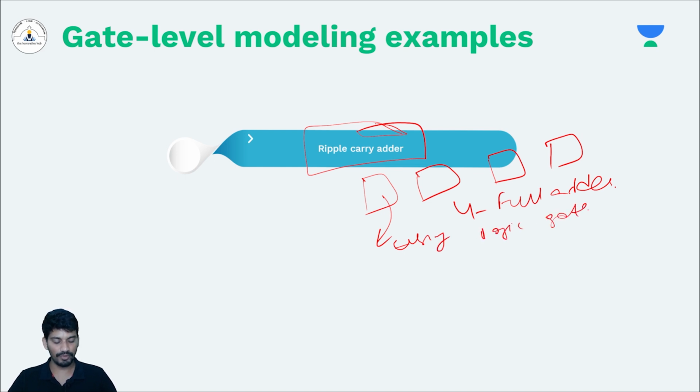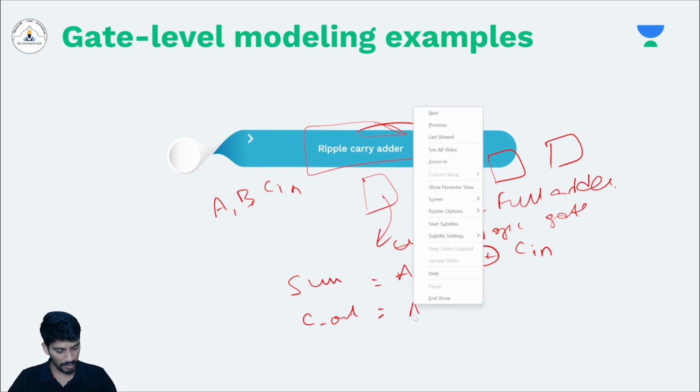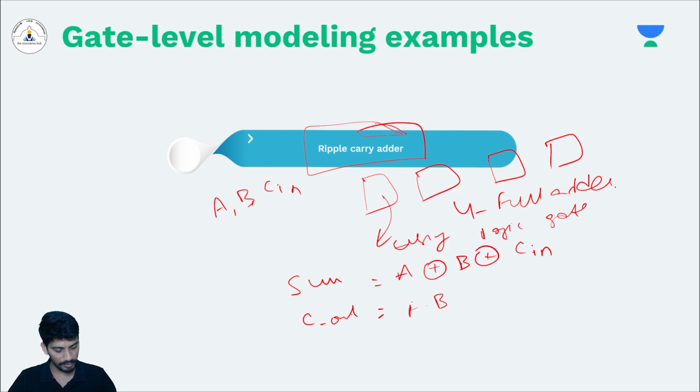So if you remember, the equation for sum and carry out for the full adder is like this. If the inputs are A, B, C in, then sum will be A XOR B XOR C in, and carry out will be A dot B plus C in into A XOR B.